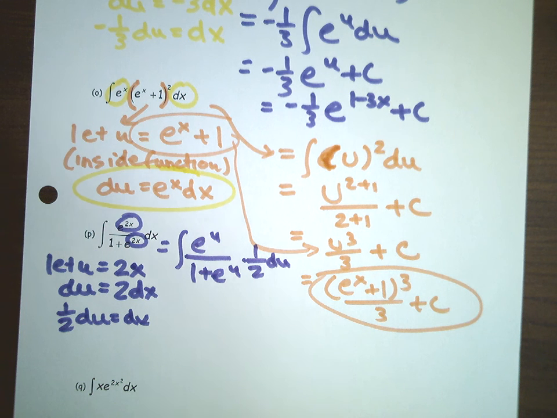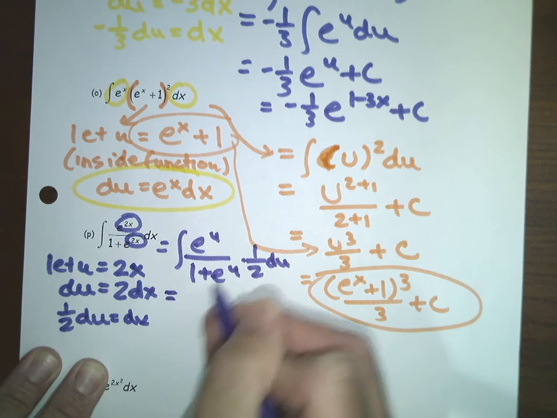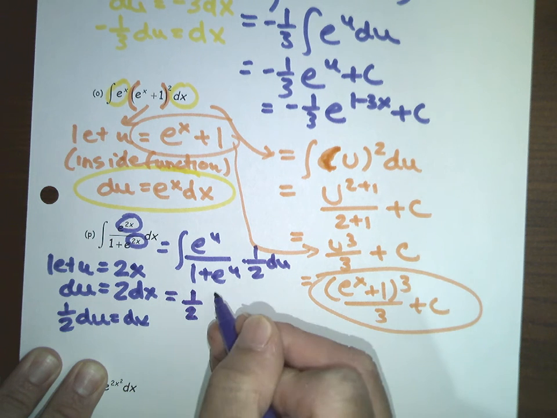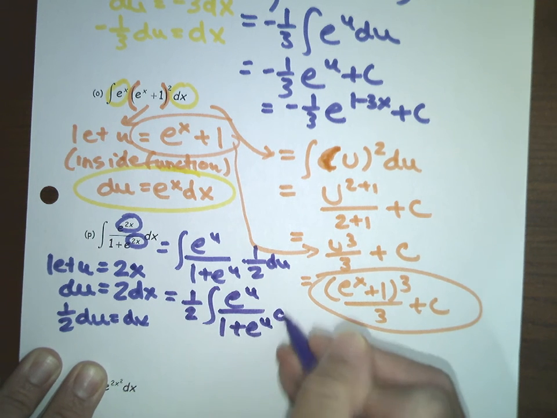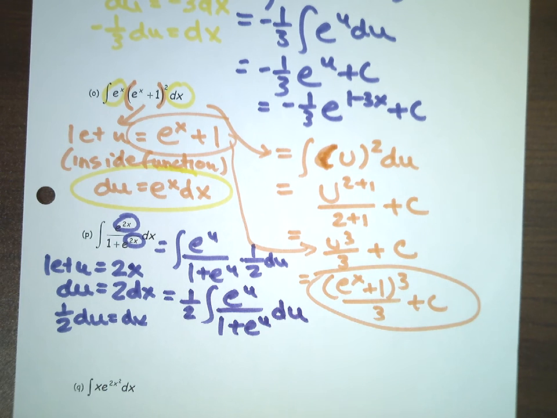It's just now I have the 1 half and the integral of e to u over 1 plus e to u du. And I can look at this and say, well, remember all of those problems where I had the numerator and the denominator, right?